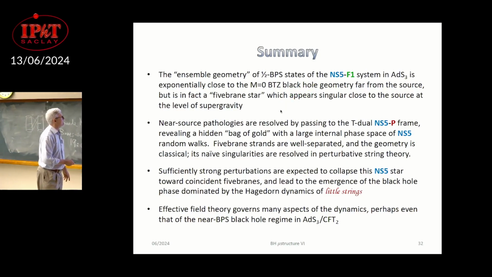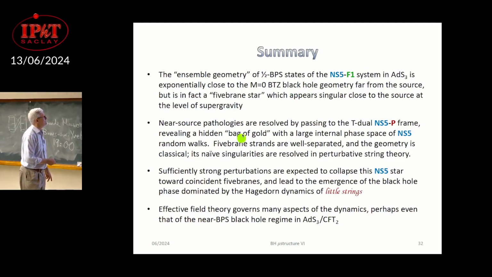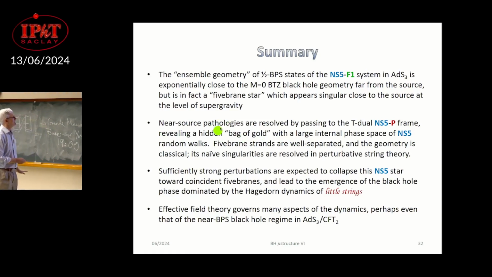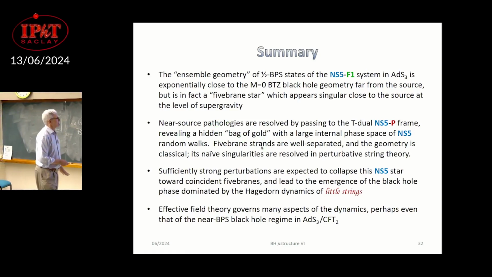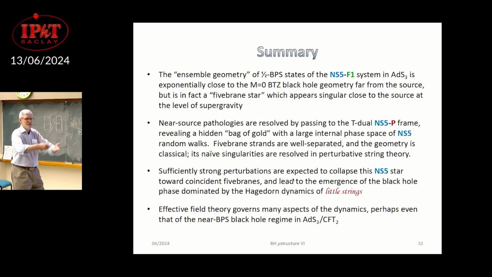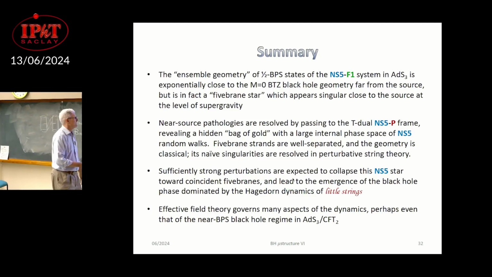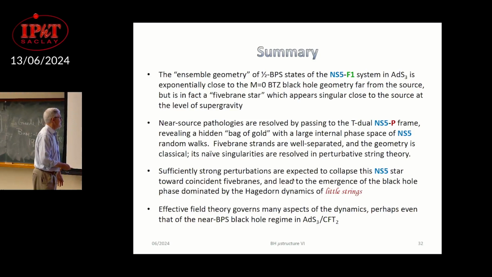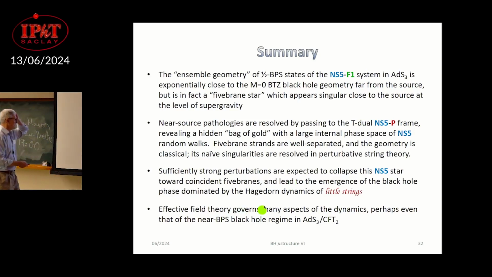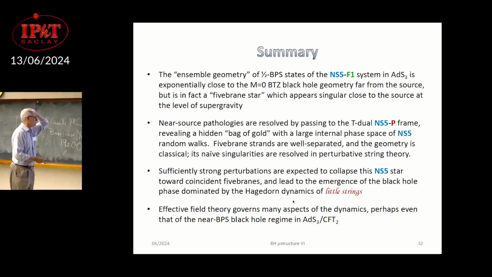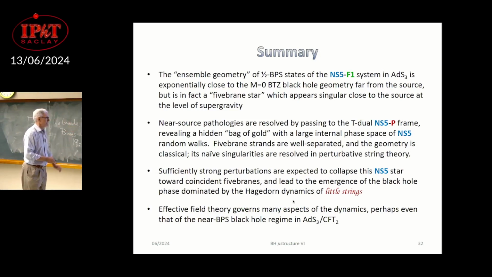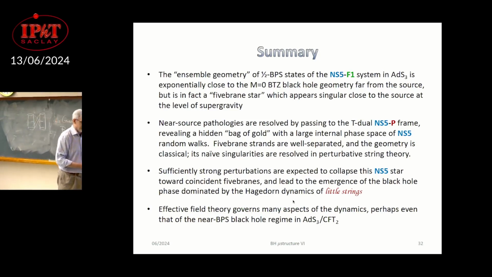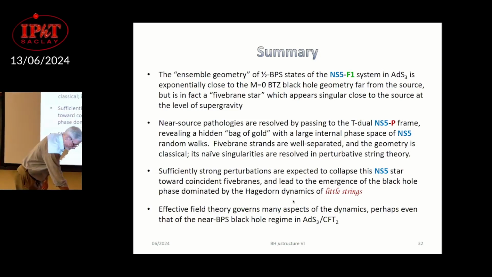And the pathologies in supergravity are resolved in string theory, but sufficiently strong perturbations are expected to collapse this thing. And then the question is, can we still use the effective action formalism, basically integrating in these new light degrees of freedom, and still have a useful picture of unitary dynamics in the near BPS black hole regime? And with that, I thank you for your attention, and that's it.